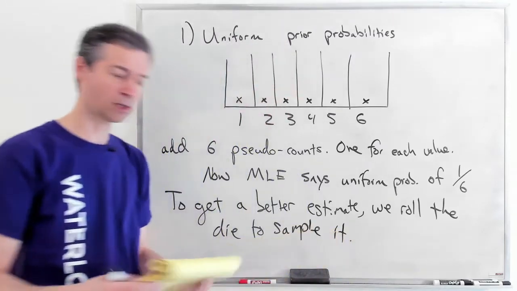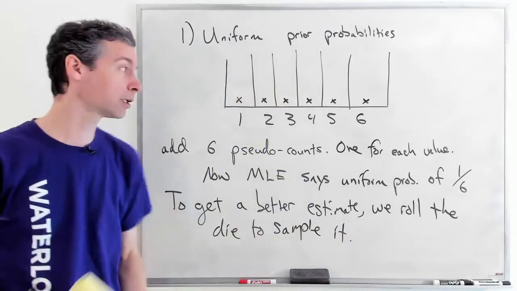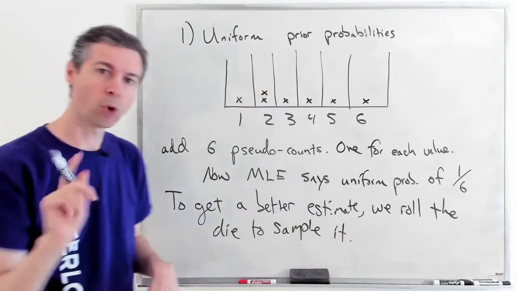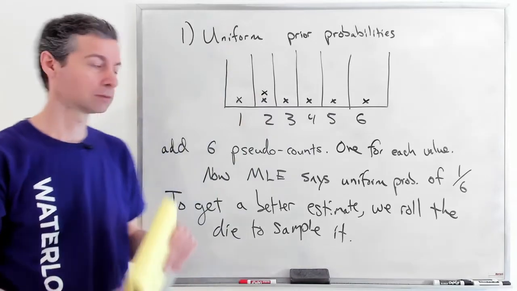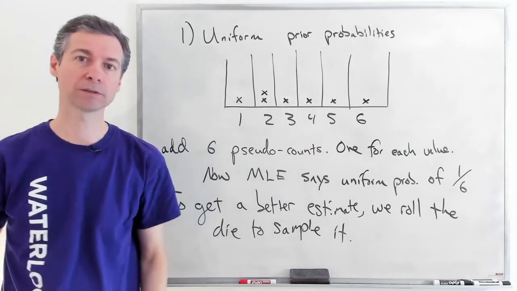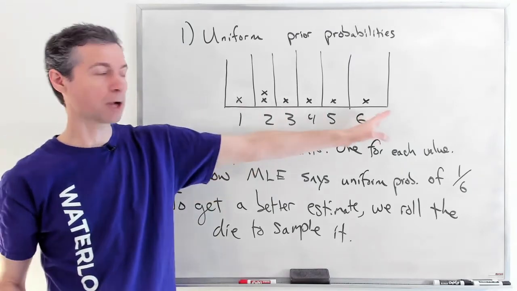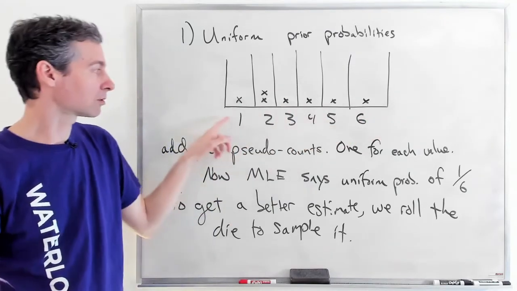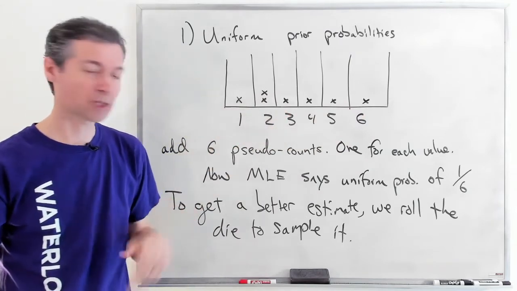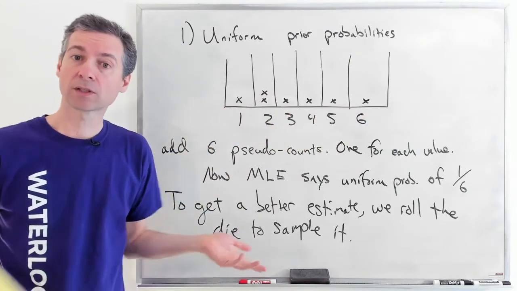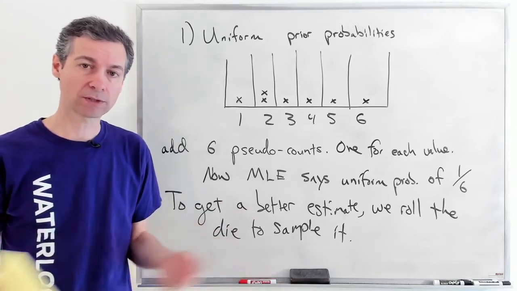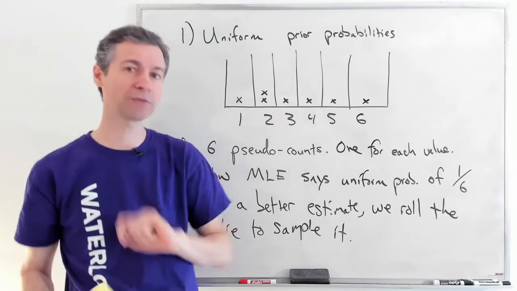So I roll the die and it comes up 2. I've taken one sample of it. I could stop right there and calculate the probabilities for my model. So 1/7, 2/7, 1/7, and so forth. I still have a functioning model. I still have some probability for every single possible value.